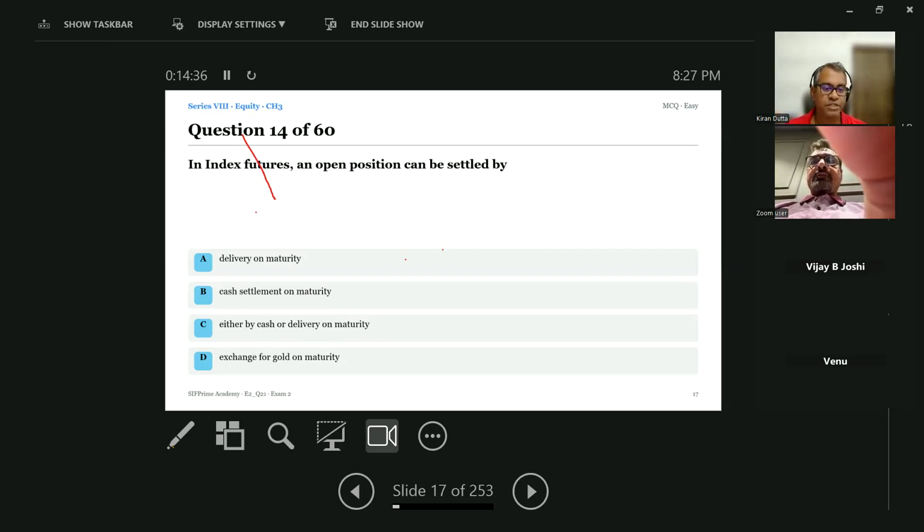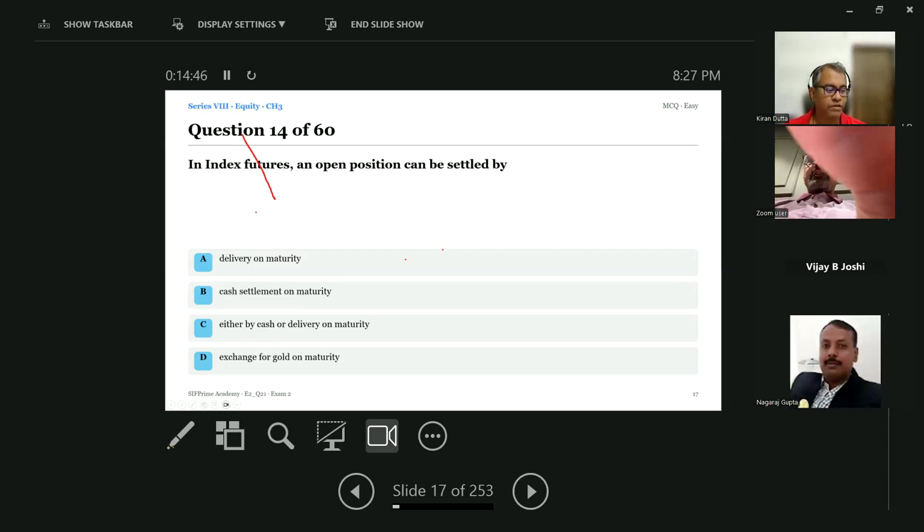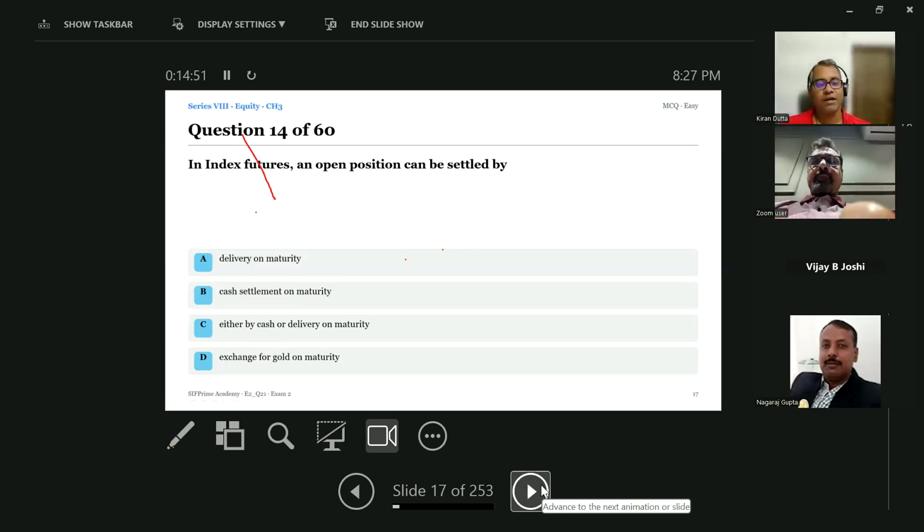It's actually cash settlement on maturity. See, what actually happens is ideally there is delivery at maturity as well. Ideally that is the scenario.